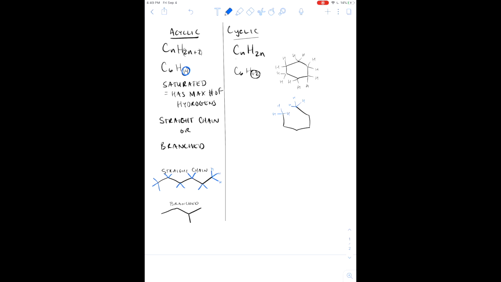So this would be just hexane. It's got 6 carbons, and it's an acyclic hexane. It's just a straight chain hydrocarbon.